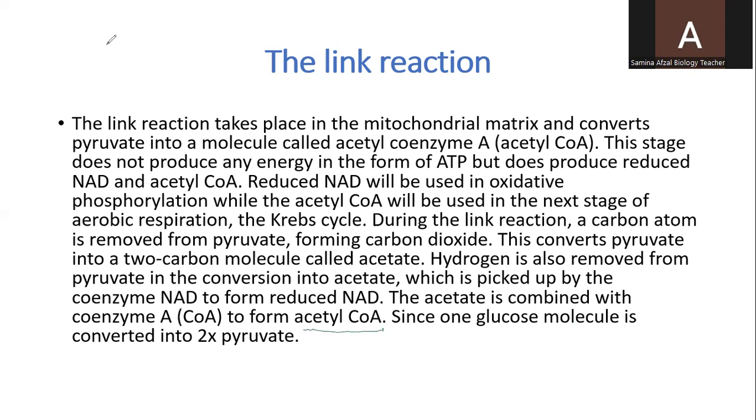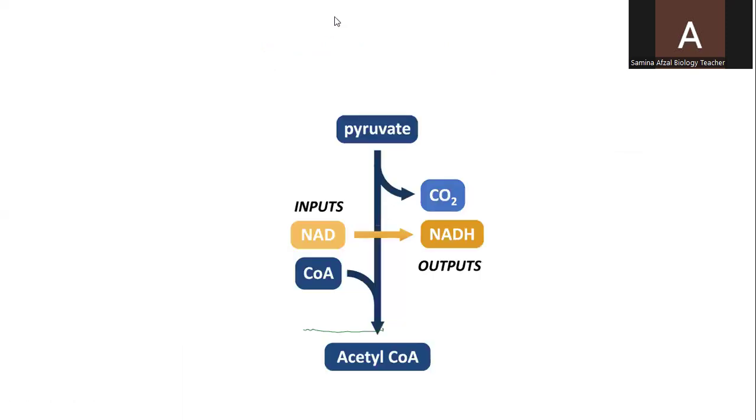Since one glucose molecule is converted to two pyruvate, here you can see the diagram of this reaction, in which two pyruvate molecules were produced as a result of glycolysis. What happens in this link reaction?